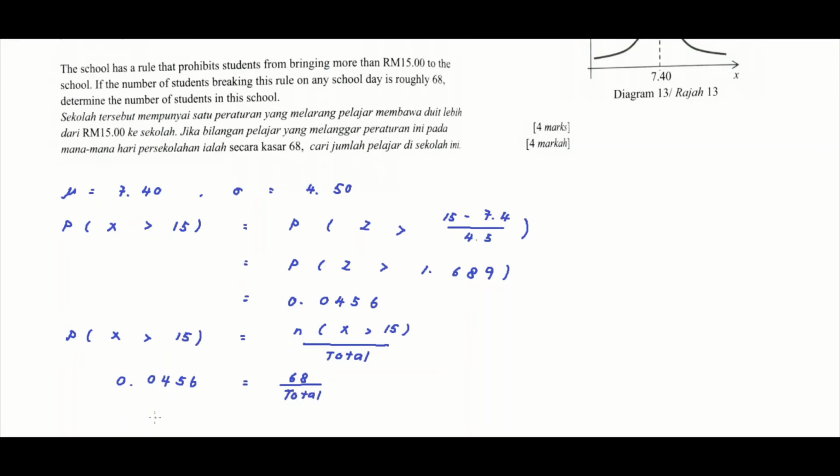Continuing the calculation, you'll find the answer, which is 1491. Make sure you always round to the nearest whole number, because we are talking about the total number of students.